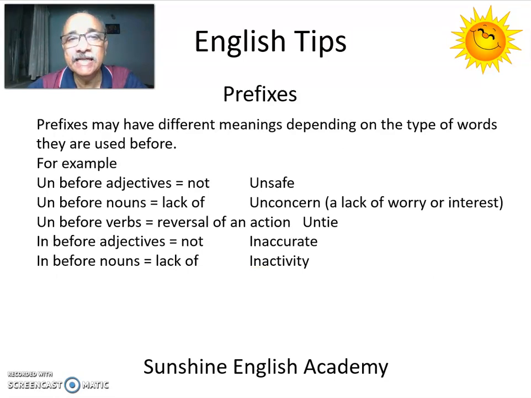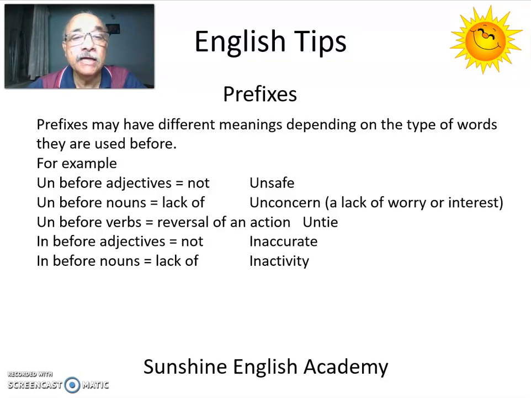Before we move ahead, let us also understand that prefixes may have different meanings depending on the types of words they come before. That is, whether they come before nouns or before adjectives or before verbs, etc. Here are some examples. Let us look at the prefix un. So when un comes before adjectives, it means not. Example, unsafe means not safe.